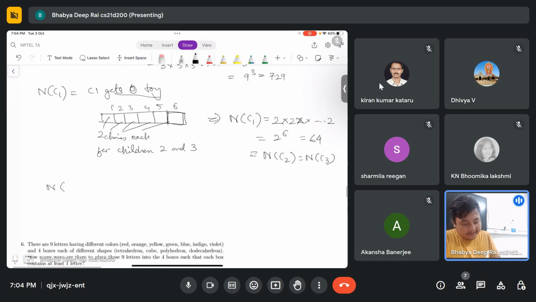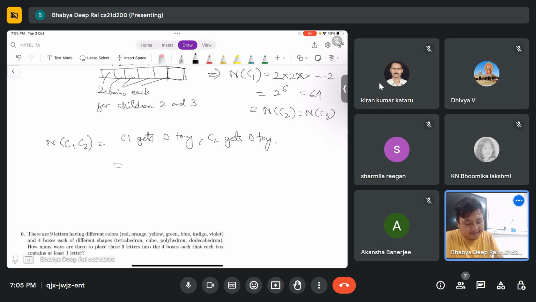And finally, next is N(C1 C2). C1 gets 0 toys, C2 gets 0 toys. So how many ways are there? I'll think of again boxes with the names of the children who own the toys. So there's only one choice, there's only one choice, and one choice and one and so on for child 3.